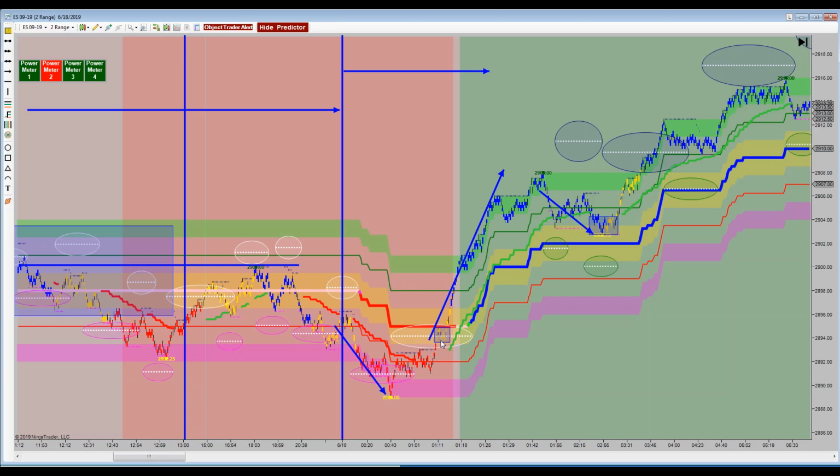But you can see here, what I'm trying to illustrate is that this transition from the V bottom off that fresh low was pretty abrupt right in here. This area right in here was pretty abrupt, right? Spike down, then back up.